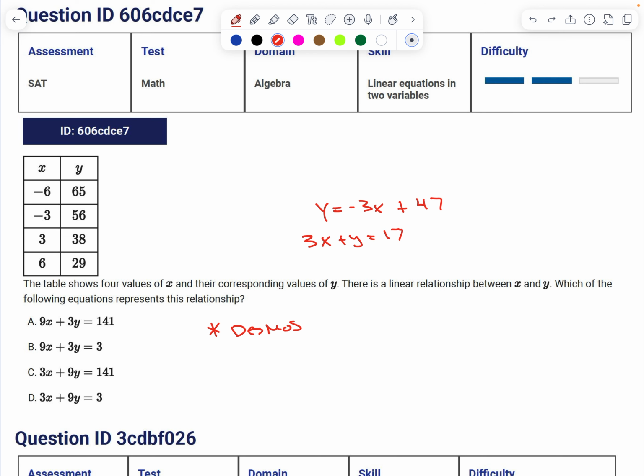Well, if I take this and multiply it by 3, we get 9x plus 3y equals 141. A. Okay, so that is how you use Desmos with linear equations with two variables.